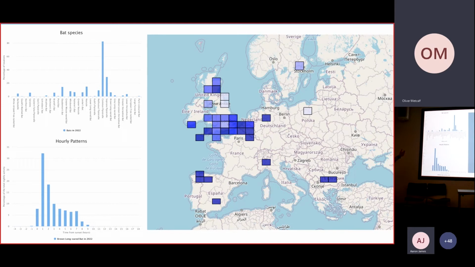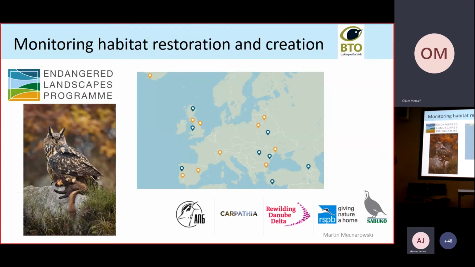So these results are quite new, and we want to build more monitoring outputs on top of these, and using these monitoring data to support actual projects. So this is some work we're collaborating on with the Endangered Landscapes programme to provide some of the monitoring support on this range of sites where there's rewilding and habitat recreation and restoration going on.